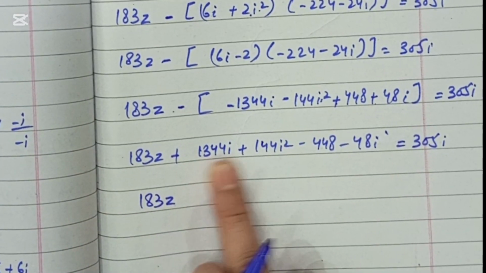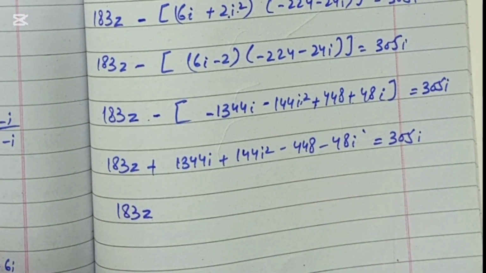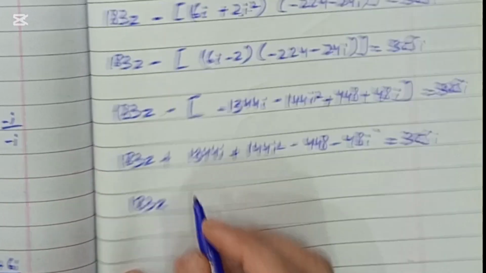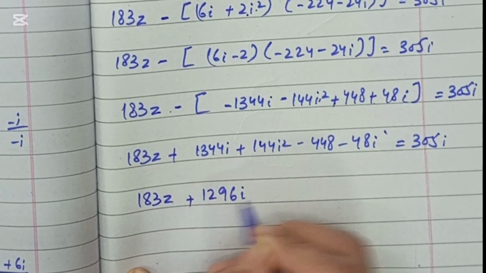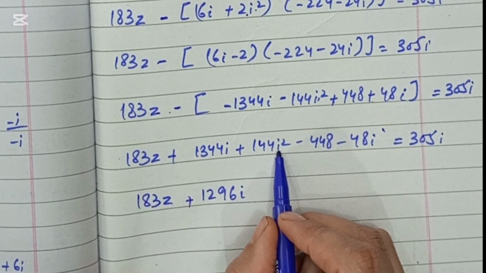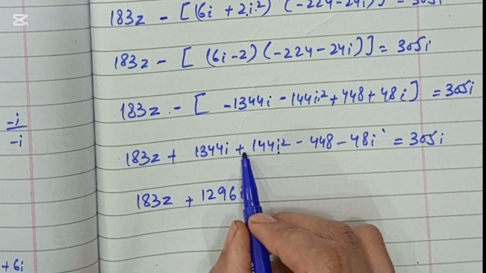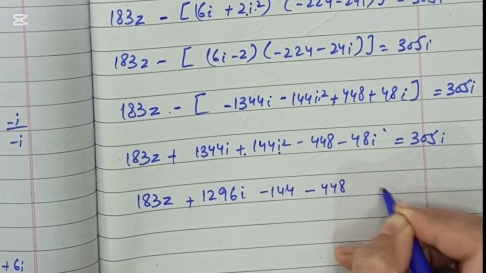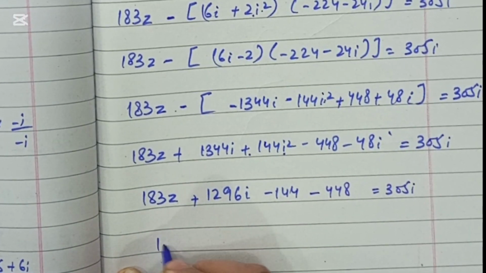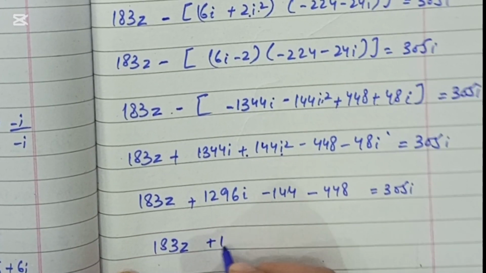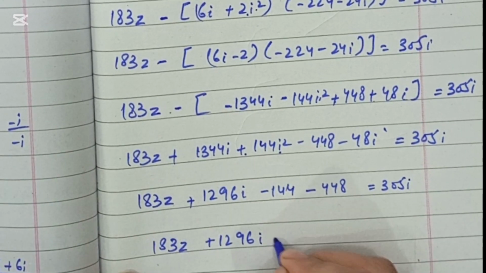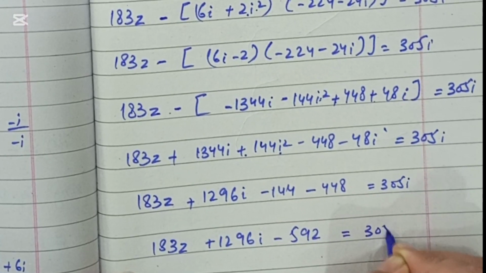Now see, this is iota term and this is also iota term, so we will subtract it. 1344 minus 48, it's 1296 iota, and this is iota square term, so it will be minus 144 minus 448 equals 305 iota. 183z, 1296 iota, minus 144 minus 448, minus 592 equals 305 iota.